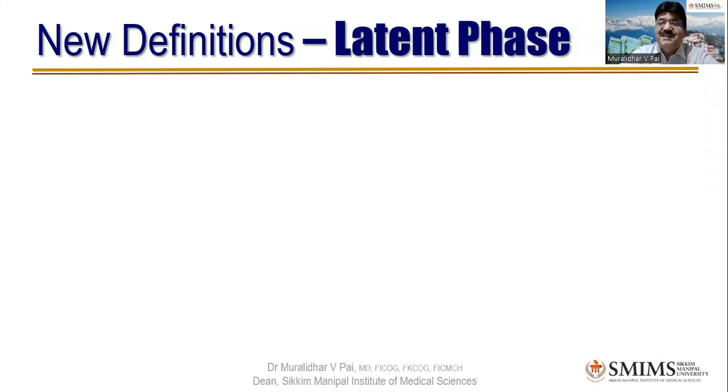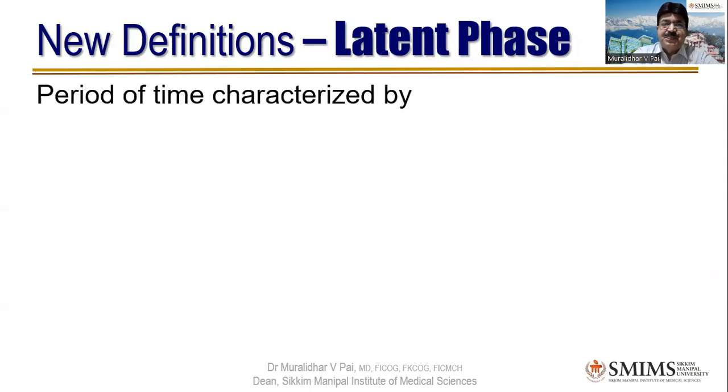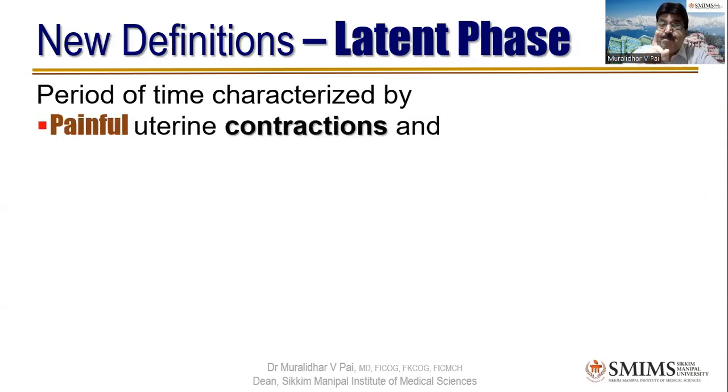Latent phase has always been there, but it was not very clearly defined earlier. Now they are trying to make it little more clear. It's a period of time characterized by painful uterine contractions, not Braxton's contractions. Braxton's contractions are not that painful and they are highly regular.